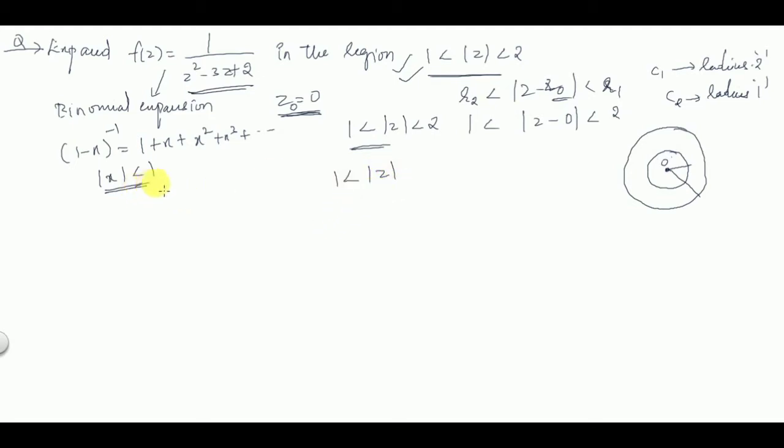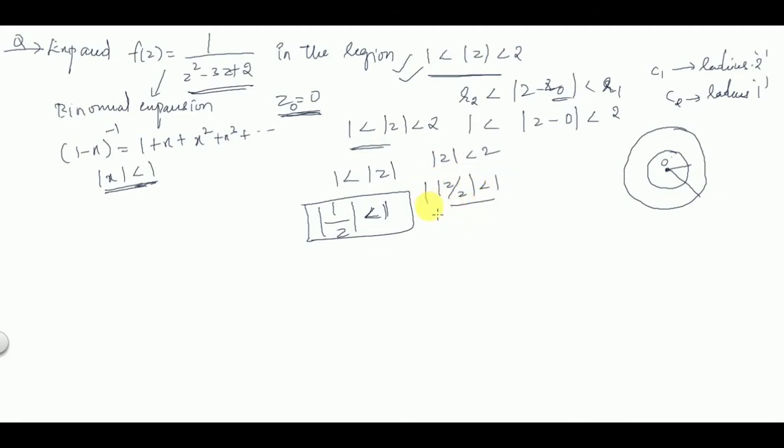We need it of this form, so sending z to this side, it will be 1/|z| less than 1. Now we have to expand in terms of 1/z so that it is less than 1, so that you can apply the binomial expansion. In the second condition |z| is less than 2, so it will be |z|/2 less than 1.